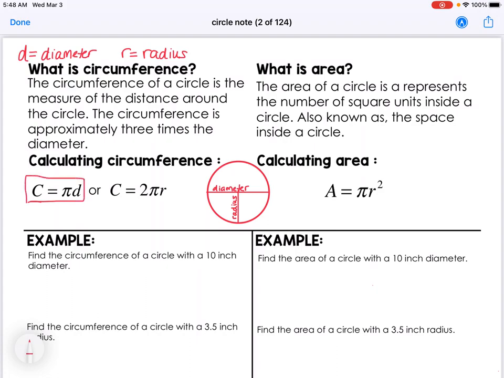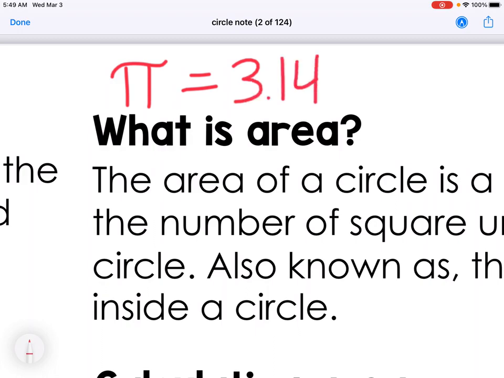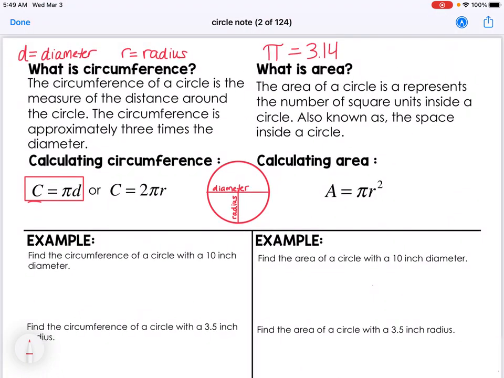So pi times diameter. And pi, when we work with pi, we usually estimate it as 3.14. But of course, pi is the number that never stops and doesn't repeat. So the decimal keeps going forever.